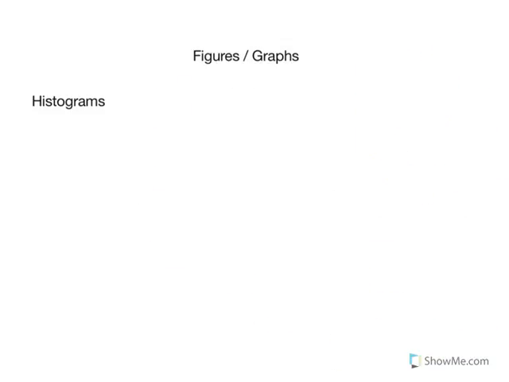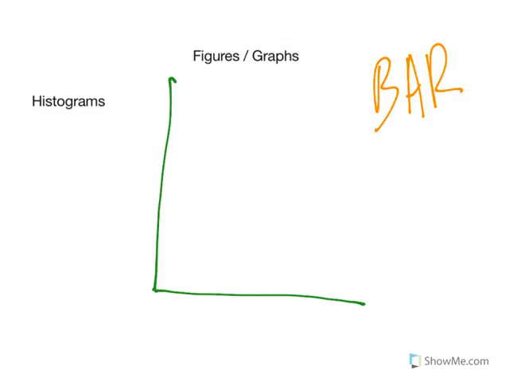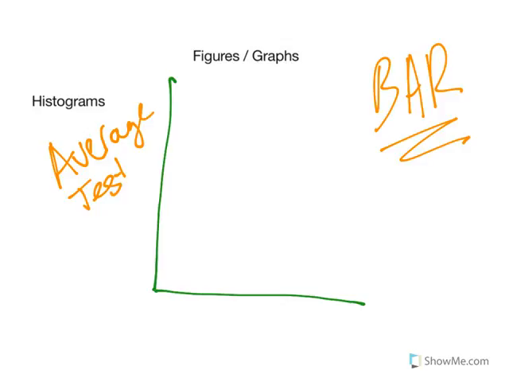Okay. Another thing you can do with a bar graph, and you guys probably remember this from high school, is you could over here put like average test score. And we use bar graphs in psychology. They're just not the same as frequency histograms.